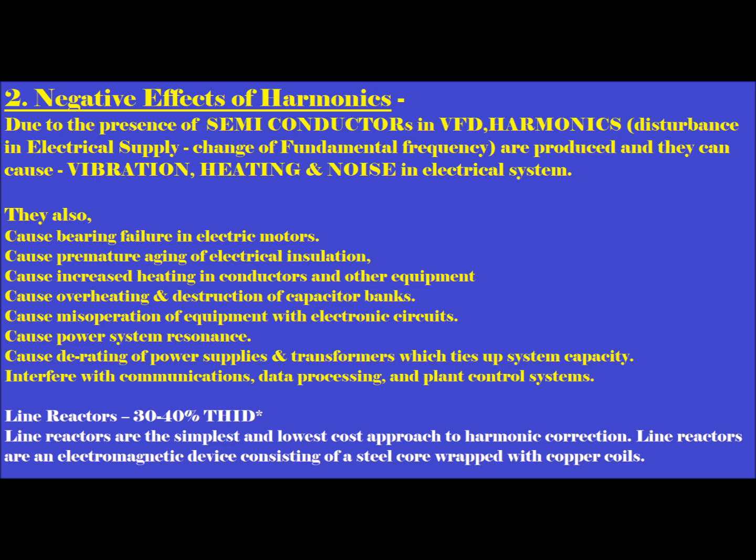So these are some points you can go through. Harmonics create failures in the electrical motor, that is bearing failures, premature aging, overheating and everything. In order to reduce it, because you cannot make it zero, we can only reduce the harmonics to some extent, and for that we have to use line reactors.